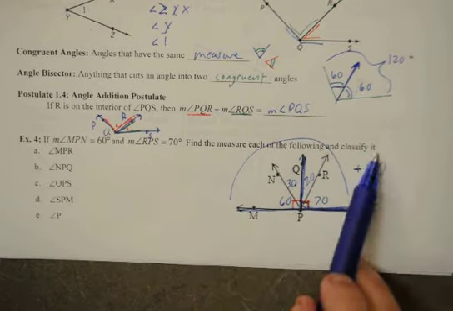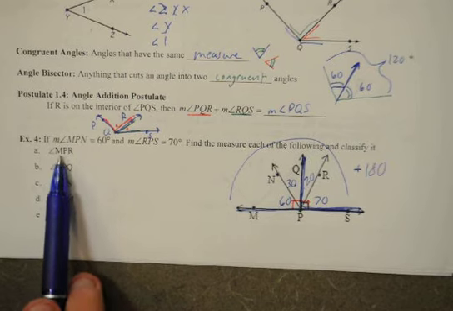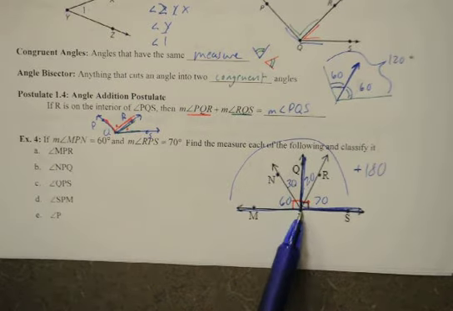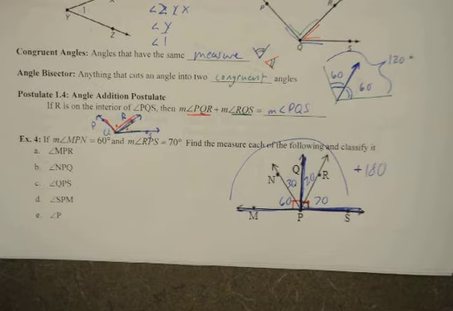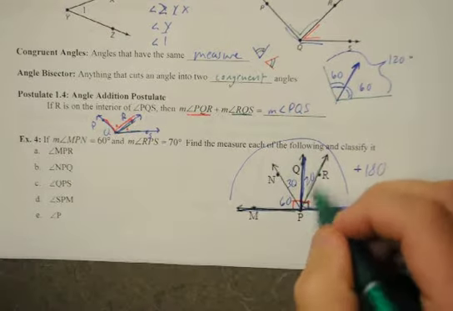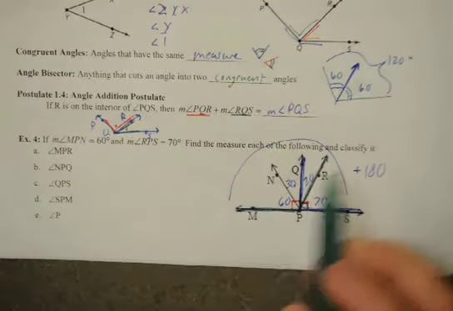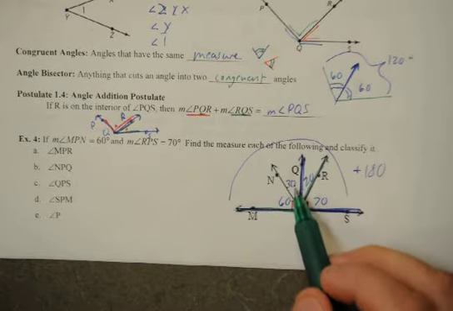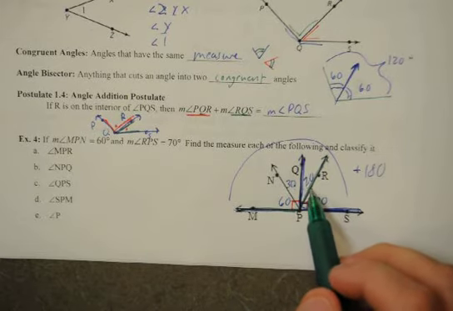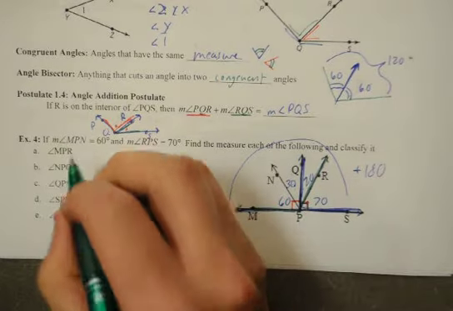Find the measure and classify it. So measure of MPR. MPR, that's this angle right here. MPR, so that's 60 plus 30 plus 20, which is 110.